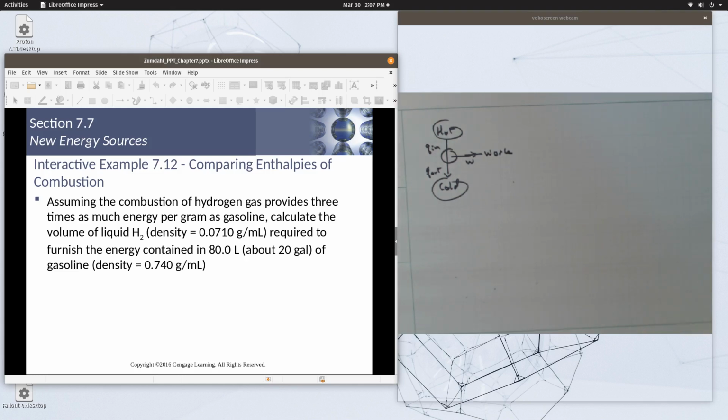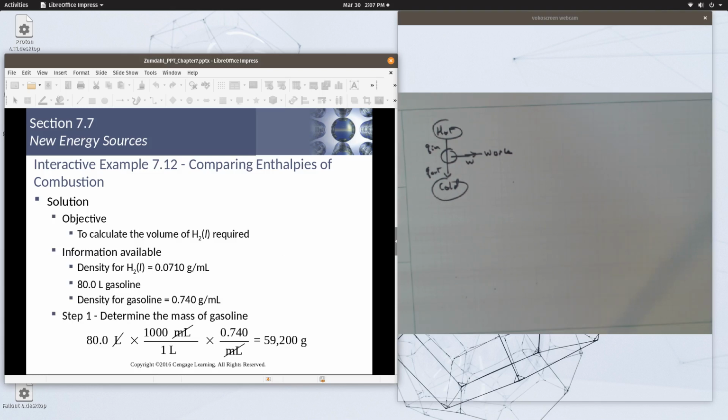Assuming this is true, how much volume of liquid hydrogen is required to furnish the energy contained in 80 liters, 20 gallons of gasoline? You can figure this out using the information available. The density of liquid hydrogen is 0.071 grams per milliliter.